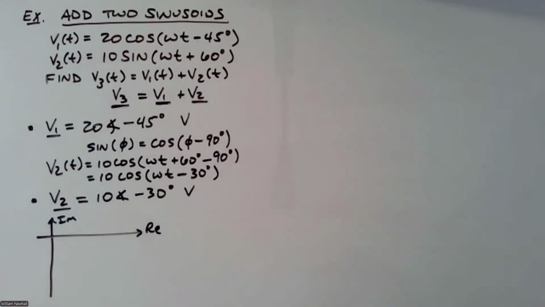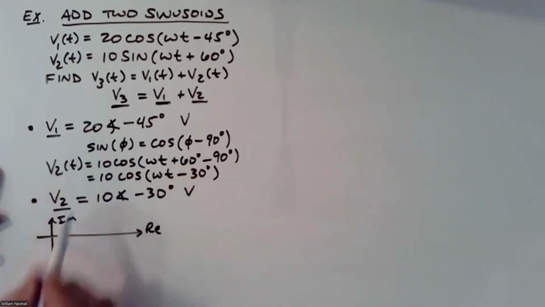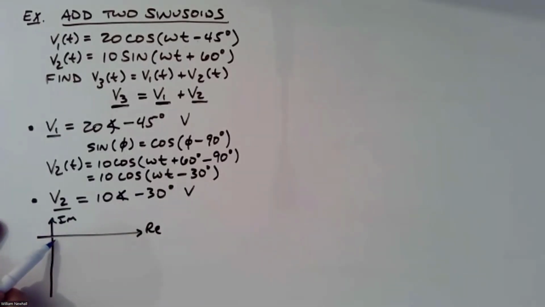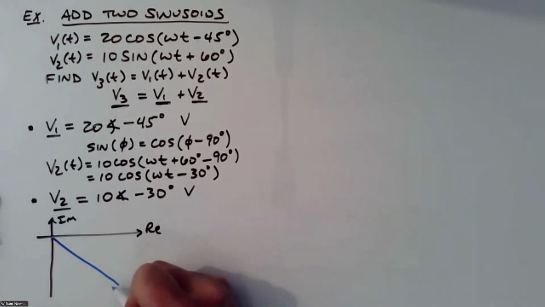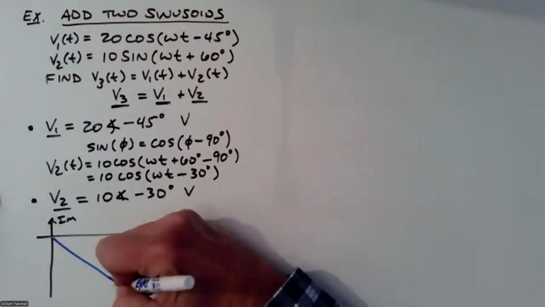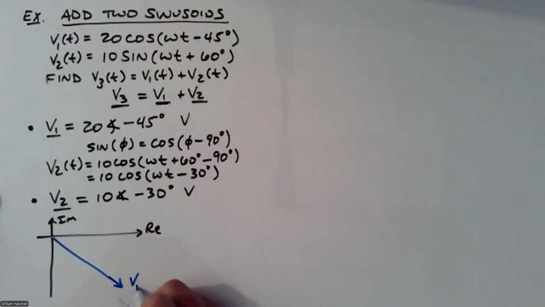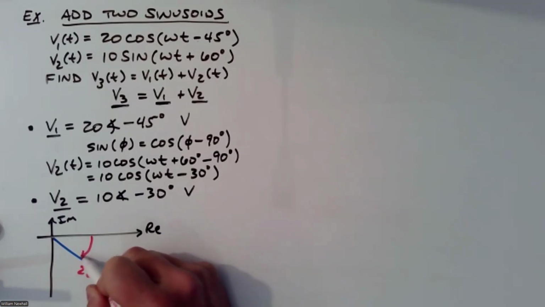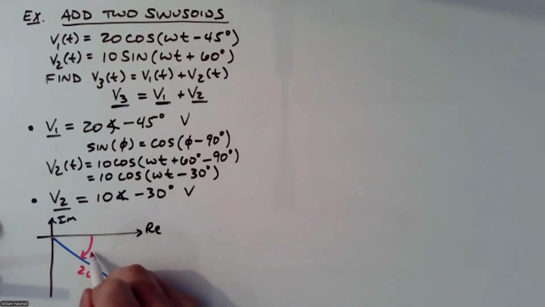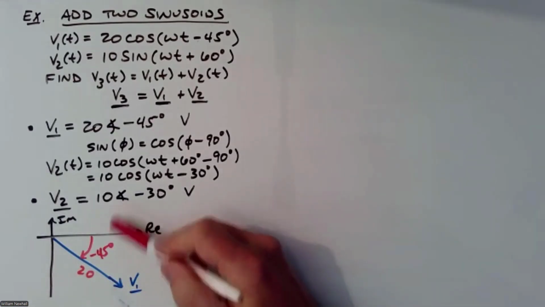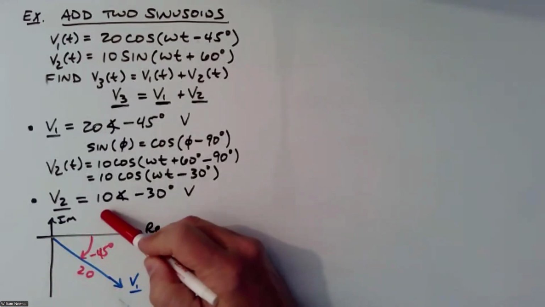Okay, so let's visualize V1. It's supposed to be an arrow. V1 has length 20 and an angle of 45 degrees down from the real axis. I'm not going up because it's a negative value. If it were positive 45 degrees, I'd be up in the other quadrant.